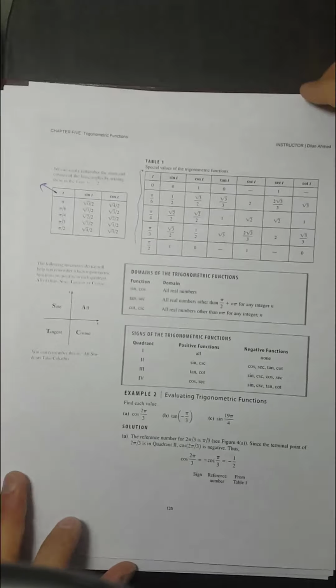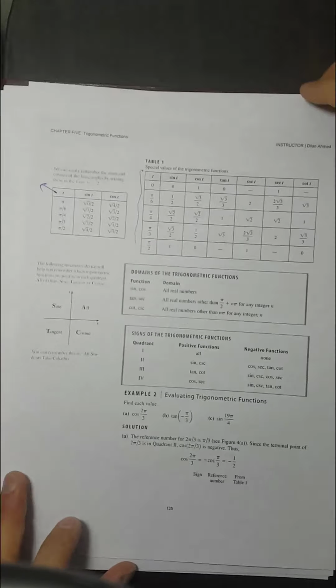The basic functions are sine and cosine, because if I want to construct tan, I just say sine over cosine, right? So I don't need to know about all of them, I just want to fix the sine and cosine.